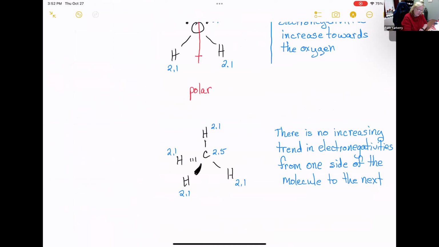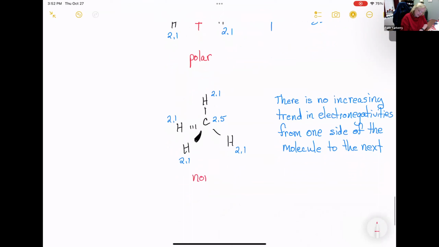Since there is no trend, this molecule is nonpolar.